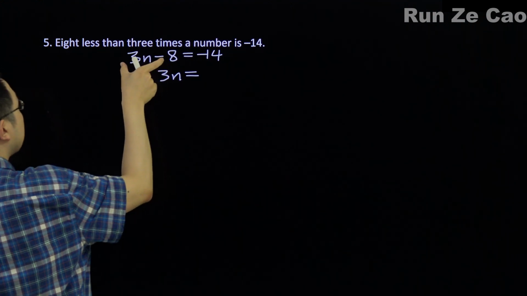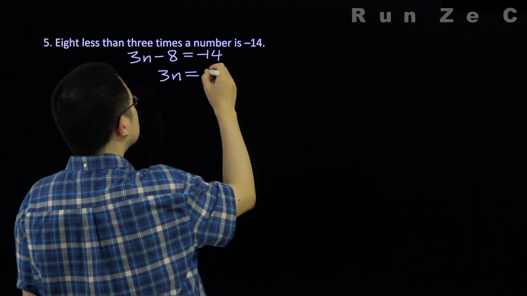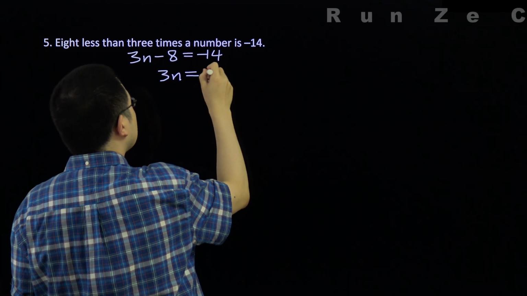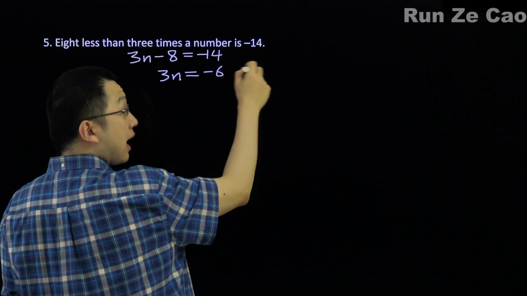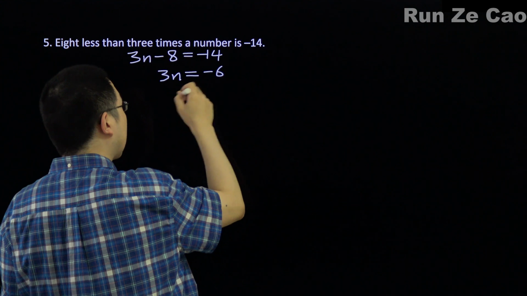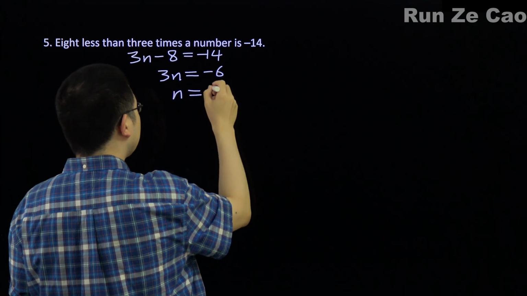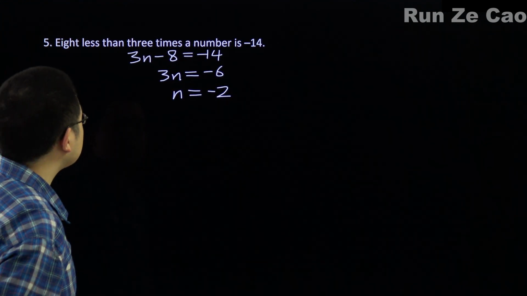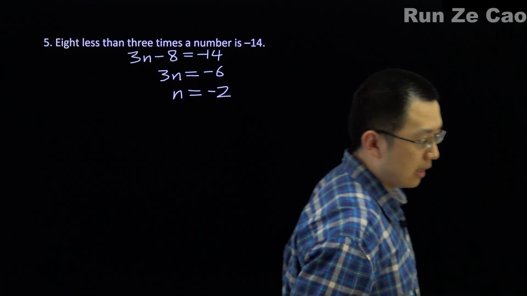You can think of it as adding 8 on both sides if you prefer. So, negative 14 plus 8 is negative 6. You can write it out if you need to, just saying. Like, extra lines is not a problem. Getting it wrong, on the other hand, is a problem. So, negative 6 divided by 3 gives you negative 2. Okay, then.